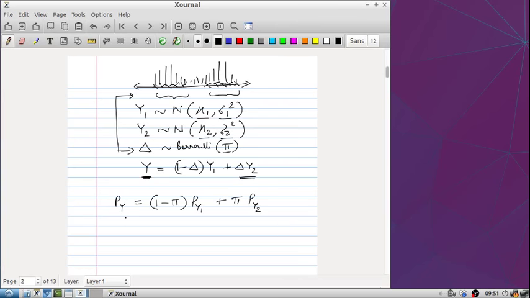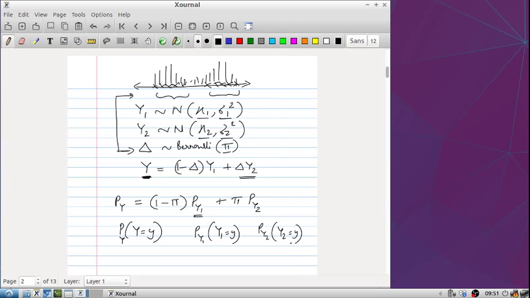When I write p of y, that is just the probability of y taking a value little y. Similarly, p of y subscript 1 is just the normal distribution, the probability of y1 taking a value little y, and p of y2 is just y2 taking a value little y.